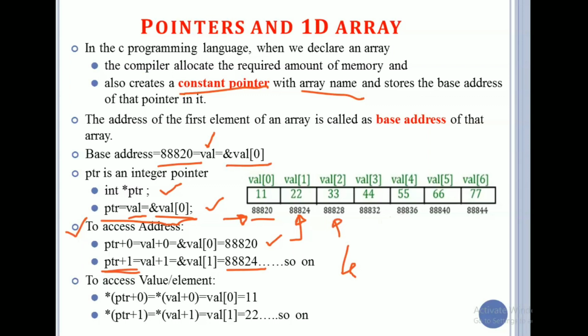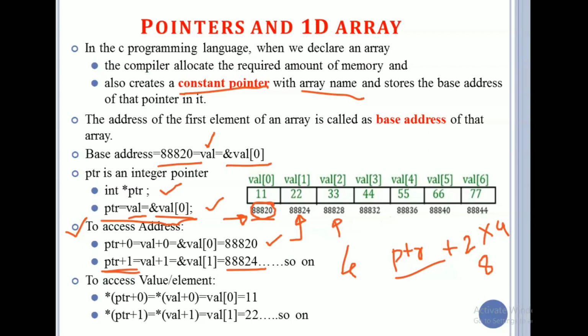Suppose I want to access the third value, I will write PTR plus 2. When it is PTR plus 2, I need to multiply this 2 by 4, and I will get 8. I know the PTR value is 8820, so 8820 plus 8, you will get 8828. Okay, so this is the way we have to access the addresses of our array.